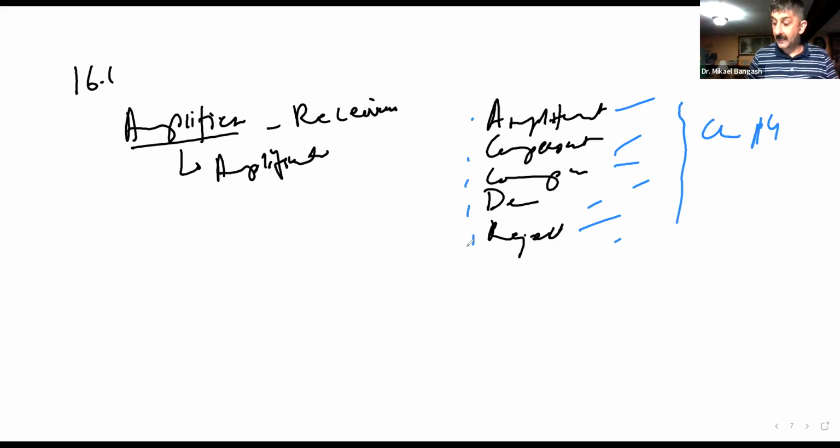Clear? Had we had, for instance, the option of receiver, not receiver, sorry, transducer as an option, then of course, that would have been the one with the greatest. Had it asked about the lowest, well, what we have on the left here is going to be the display will have the lowest dynamic range, at least from the components that we have on the list here.